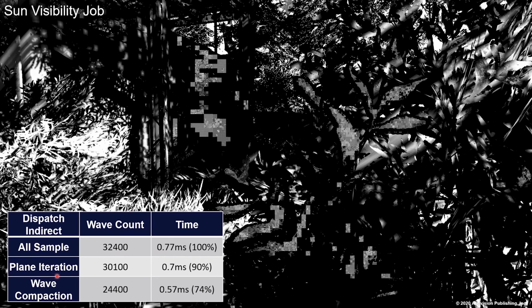Using the naive plane iteration method would help us a bit, and we would issue 2,000 waves less, resulting in 0.7 millisecond. However, using wave compaction in such a complex scene would result in further reduction by 6,000 waves, which would result in a final time saving of about 25% versus the all sample method.